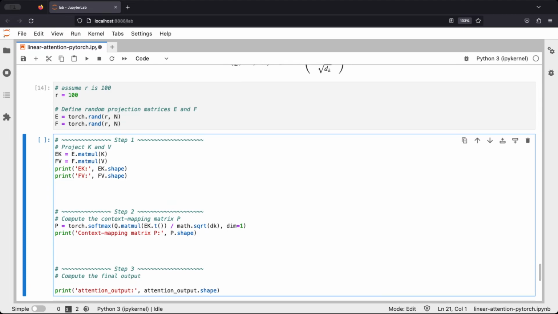And finally, the attention output is p dot matmul with fv.